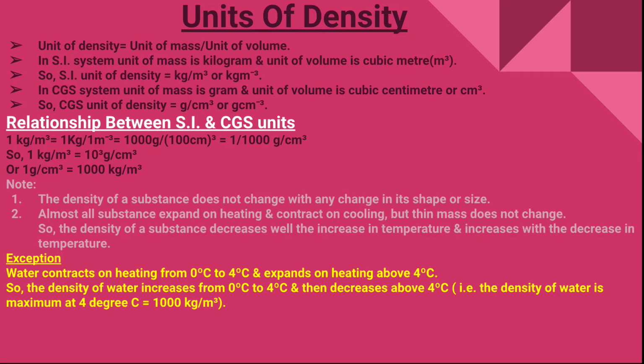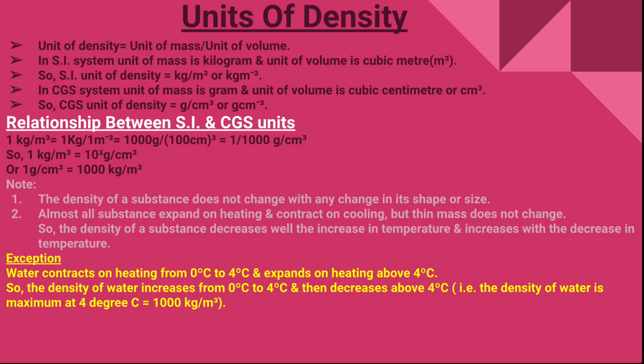You can see 1 by 1000, so it is 1 by 10 to the power minus 3. And 1 gram per centimeter cube is equal to 10 to the power 3 kg per meter cube.